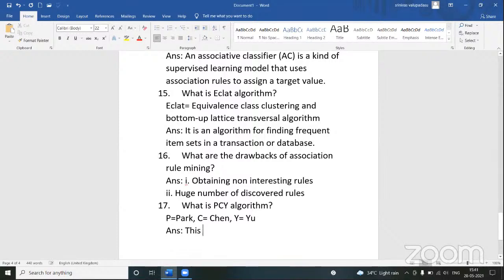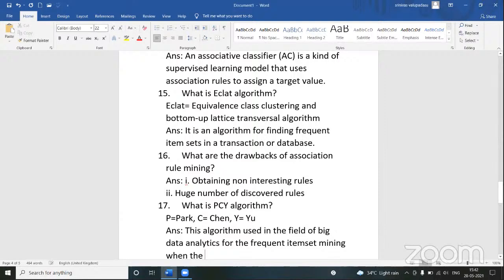So this algorithm is used in the field of big data analytics for finding frequent item sets when the data set is very large.